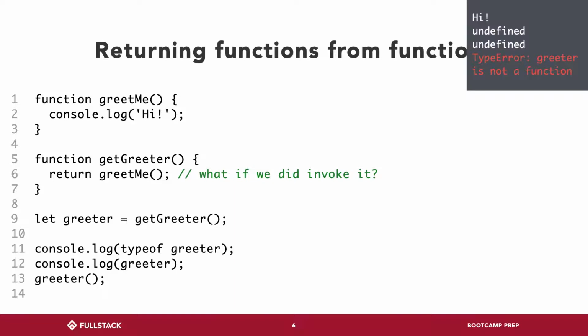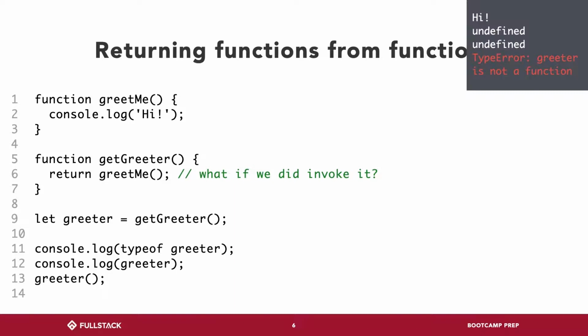So what happens here? When we say let greeter equal getGreeter invoked, the return value of getGreeter is greetMe invoked. So the return value of getGreeter is the return value of greetMe. What are we returning in greetMe? Nothing. So that's why this function returns undefined.